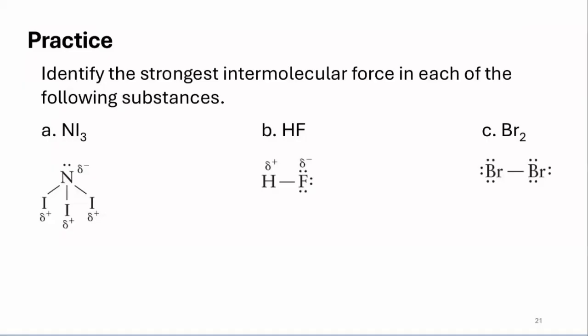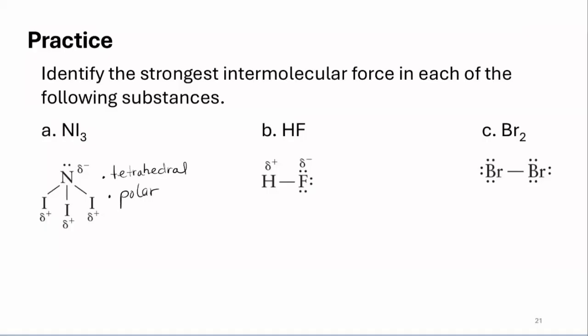Looking at the Lewis structure for nitrogen triiodide, I can observe that this molecule is tetrahedral because it has 4 electron domains: lone pair, single bond, single bond, single bond. If a tetrahedral molecule is nonpolar, then the central atom should have 4 of the same atoms. Since it doesn't, this molecule is polar.